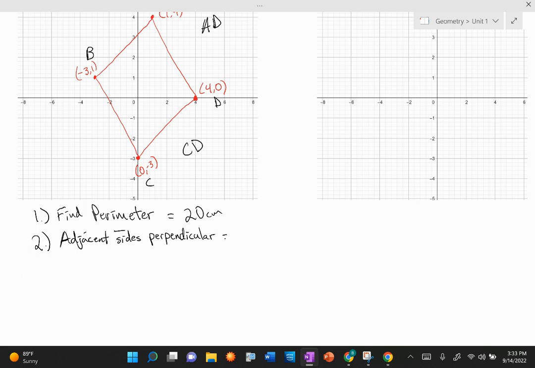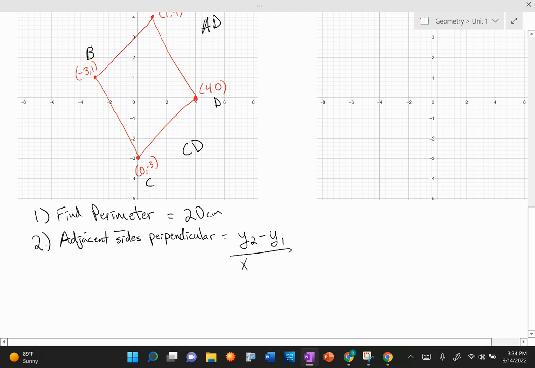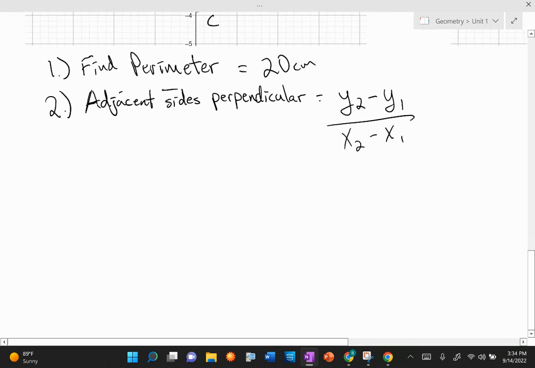I said one little thing earlier. Do you remember what it was? Slope. Okay, so we've got y2 minus y1 over x2 minus x1. When we are talking perpendicular, okay, the slopes.